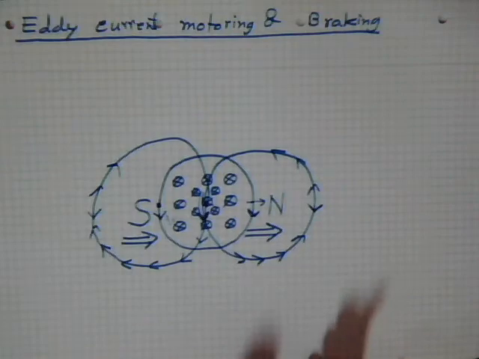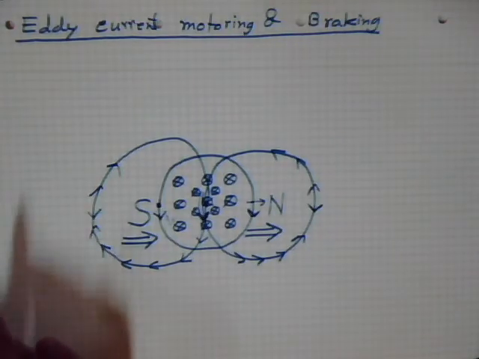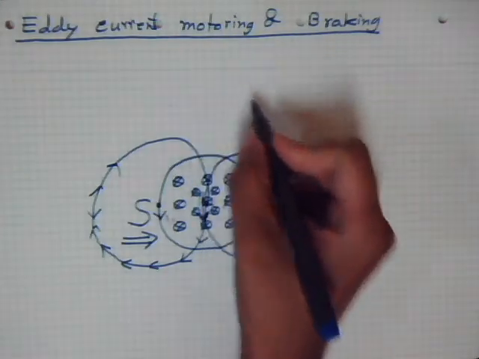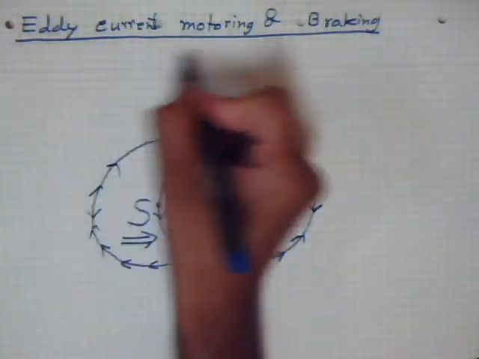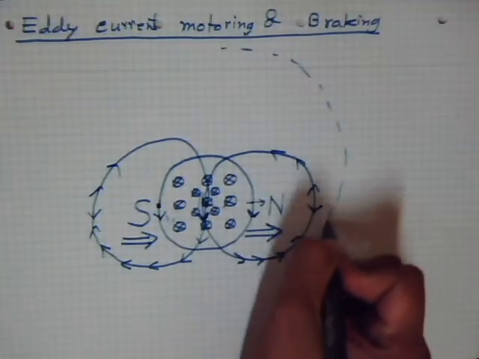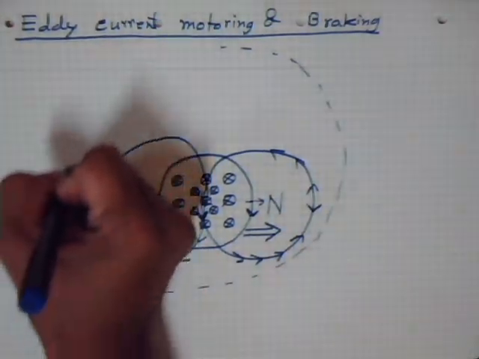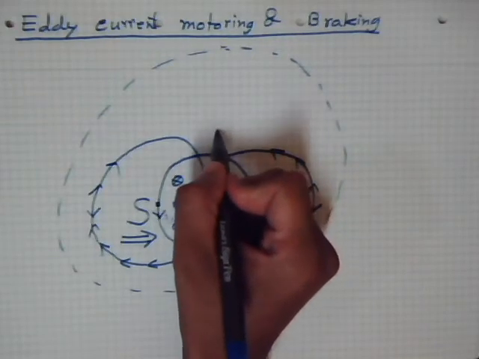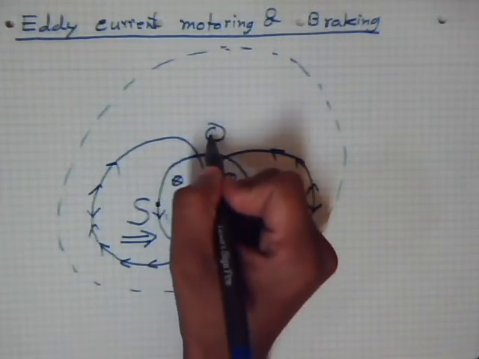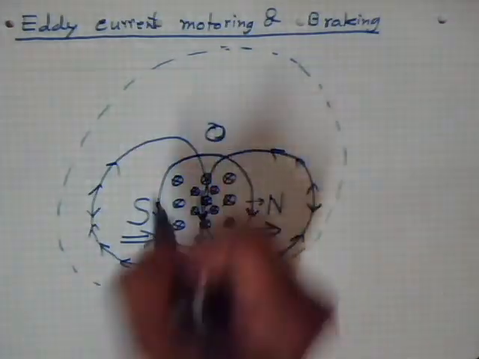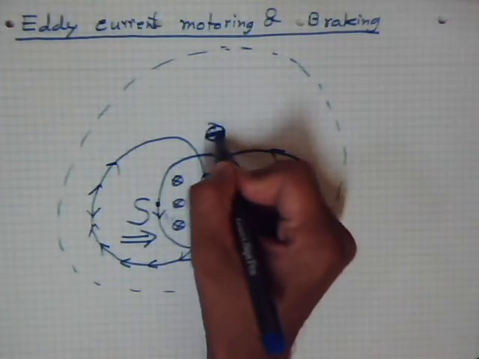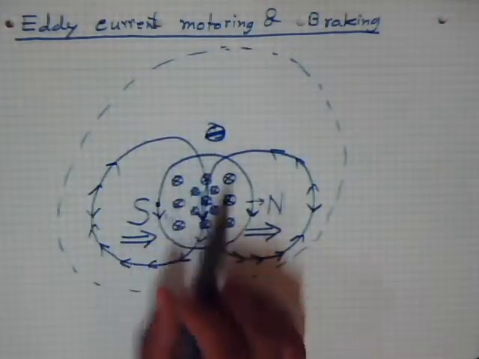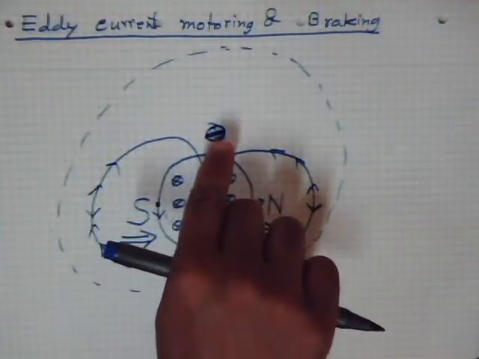And this is what is eddy current motoring. Why? Because, for example, I can consider this region of this sheet, drill a hole through it and put a screw through it, so that this portion of the sheet is free to rotate around this screw.